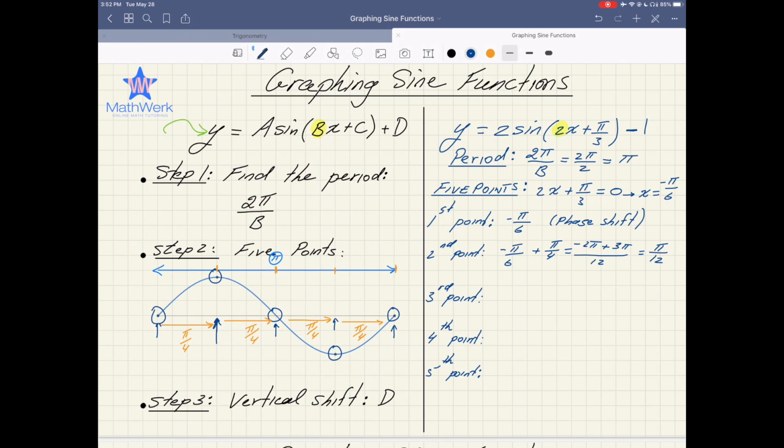Of course, pi over 4 can also be written as 3 pi over 12. So by just adding 3 pi over 12 to each successive point, we get the next point. So for the third point, we'll get 4 pi over 12. For the fourth point, we'll get 7 pi over 12. And for the fifth point, we will get 10 pi over 12.